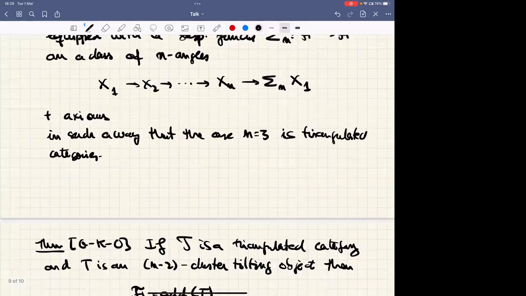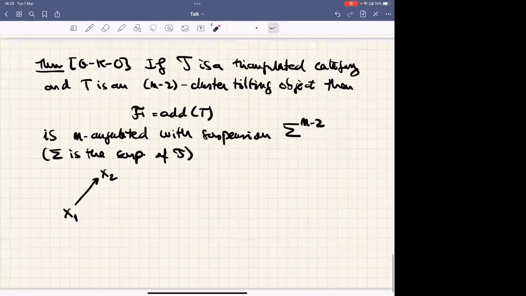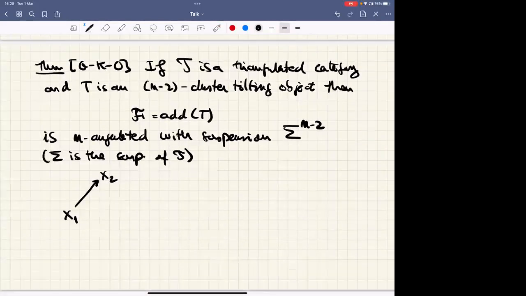To a complete sequence which becomes an n-angle. What they do is take the mapping cone in the triangulated category of this first map, and they call it, funny notation, x 2.5, and this is the usual notation for a map to the suspension. This is an exact triangle in T.